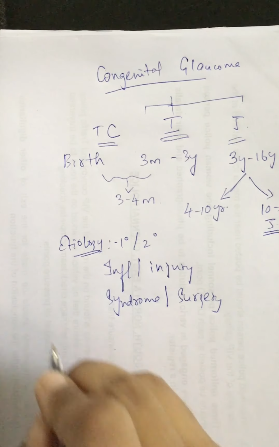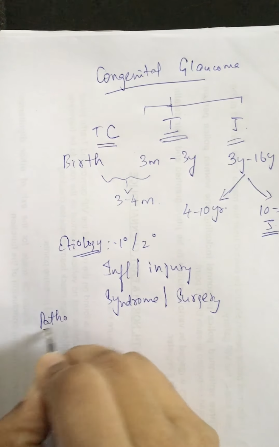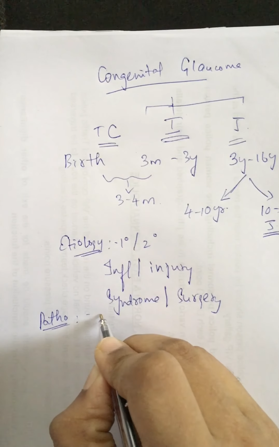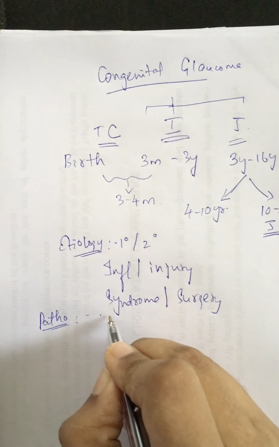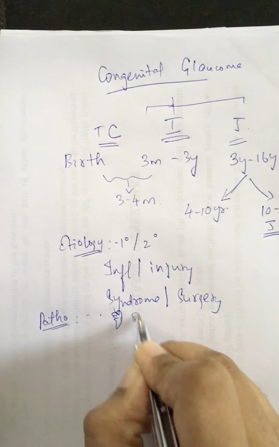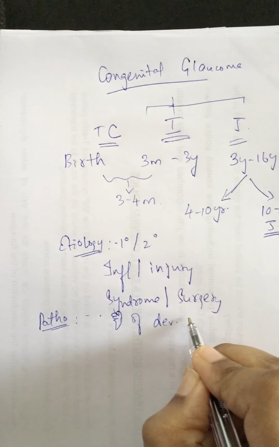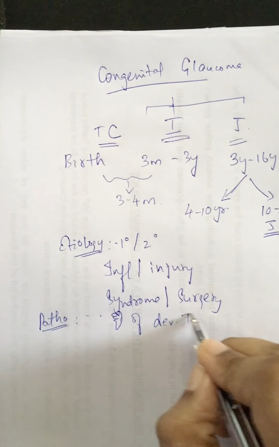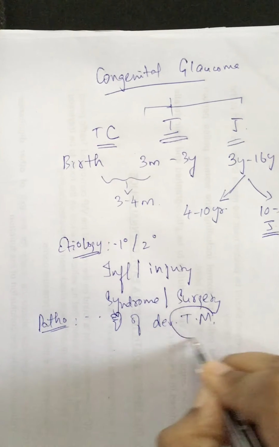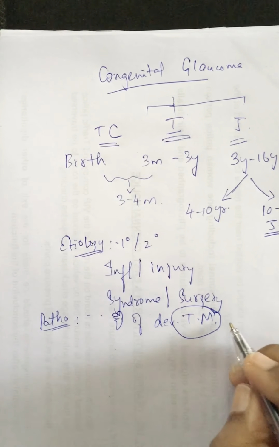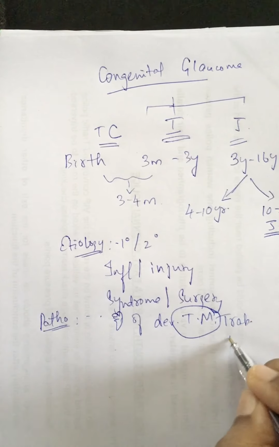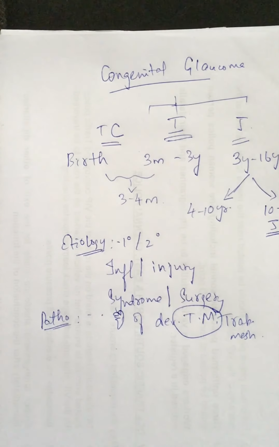The pathogenesis behind it is going to be two things. One is failure of development or abnormal development of the trabecular meshwork. The trabecular meshwork in the eye is called the TM. So that's going to be formed in a very poor fashion.